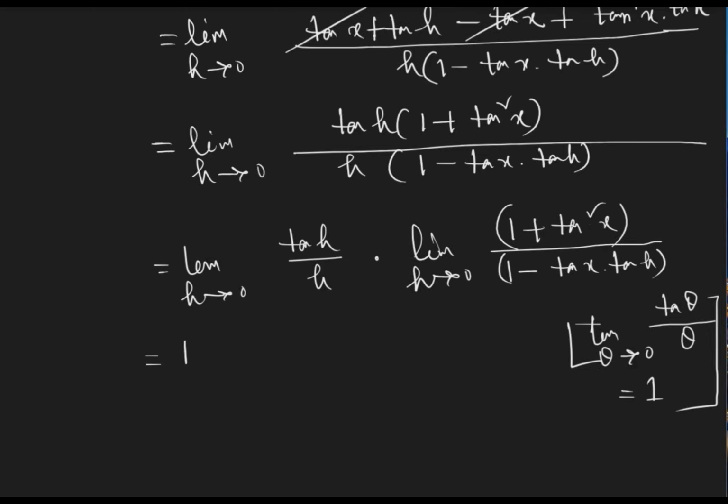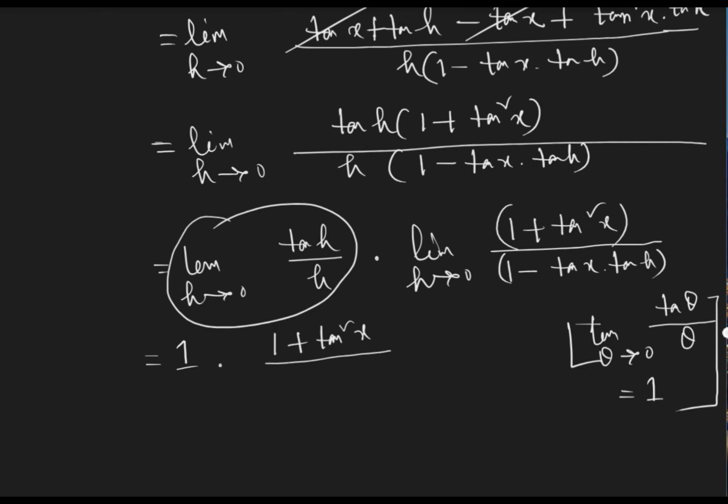So this will be 1, and here we plug in the value of h equals 0, so 1 plus tan square x over 1 minus tan x dot 0. So we could write down 1 plus tan square x.